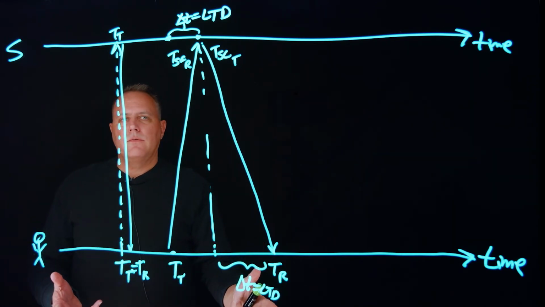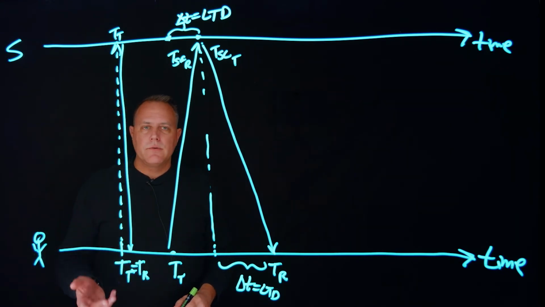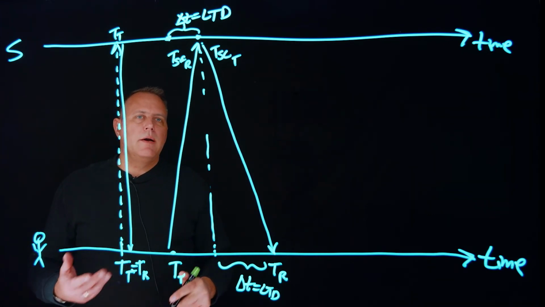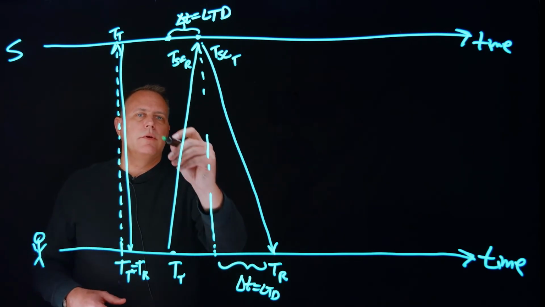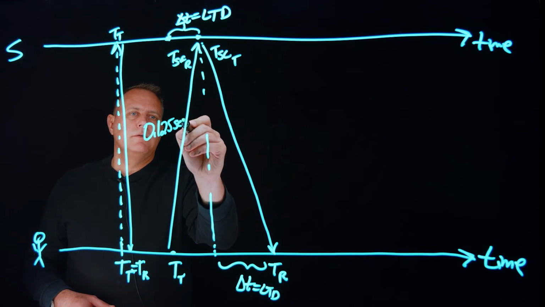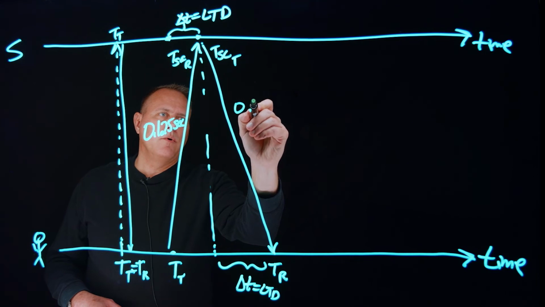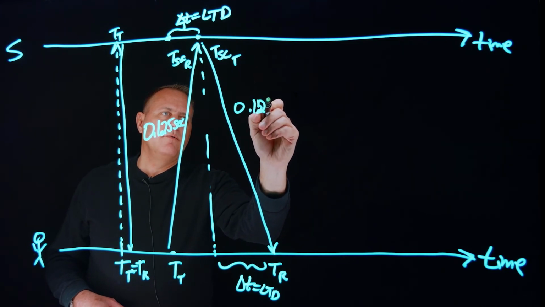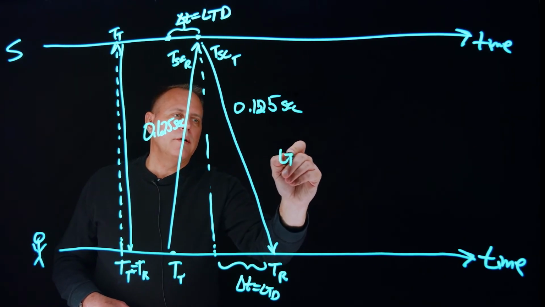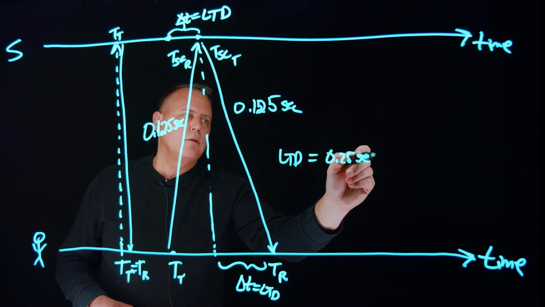So how big of a deal is this? Well, if I'm talking to an object in geosynchronous or geostationary orbit, typically the light time delay on the way up due to the distance is approximately 0.125 seconds. So we have 0.125 up, and another 0.125 down, and so our total light time delay is approximately 0.25 seconds.